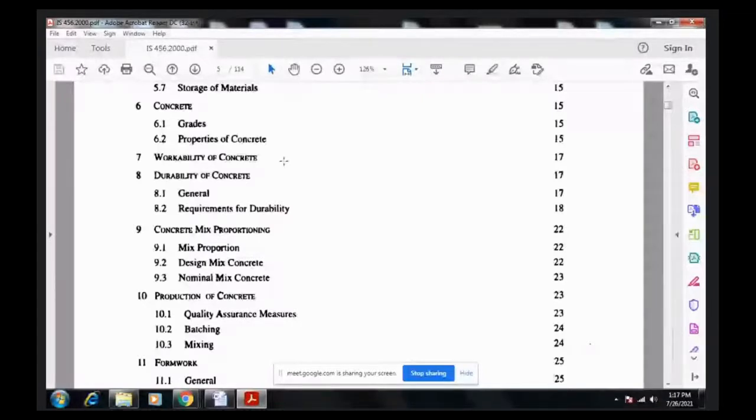So that means whatever the workability, whatever the strength, whatever is required, and whatever the material you are receiving at site, with that you have to produce it. And you are responsible for that.